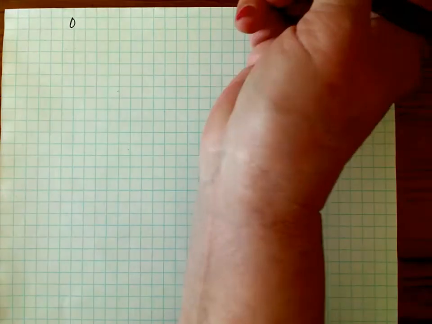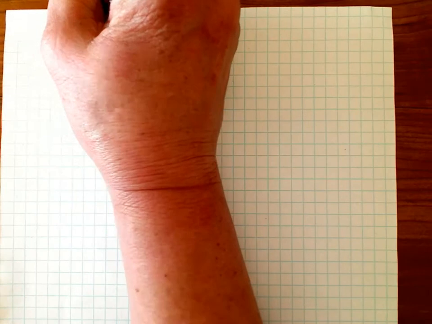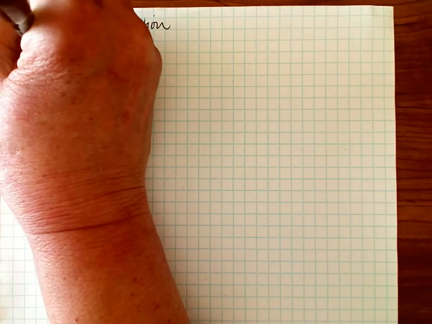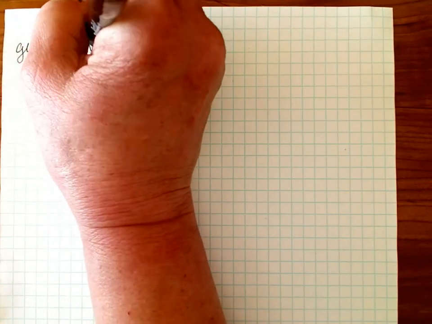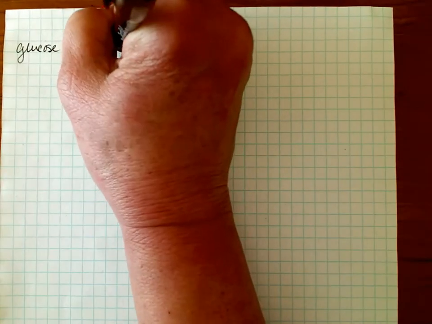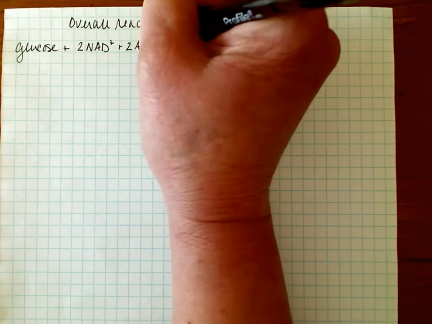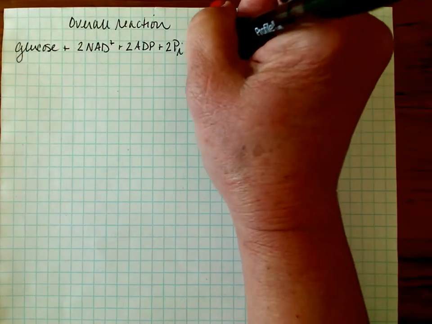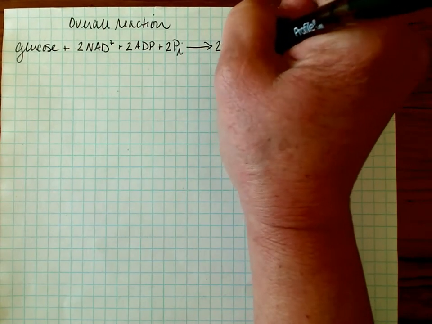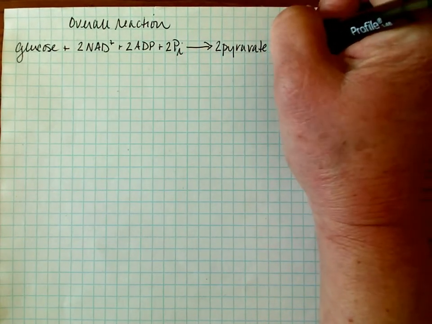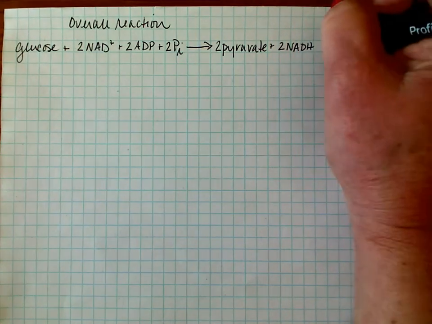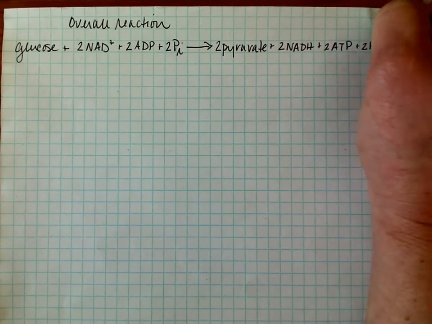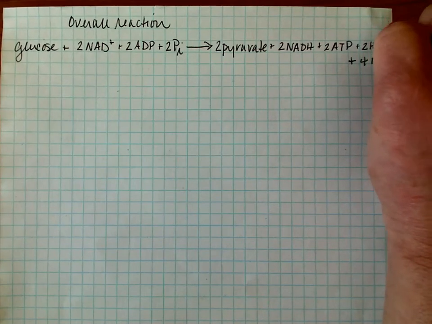So the overall reaction is glucose plus 2 NAD plus, 2 ADP, plus 2 inorganic phosphates that will give us 2 pyruvate, 2 NADH plus 2 ATP plus 2 waters and 4 hydrogen ions.